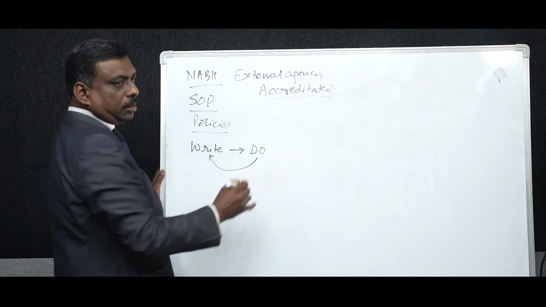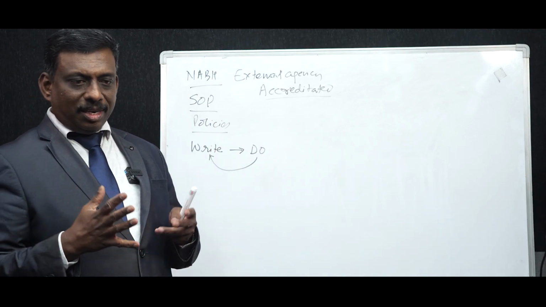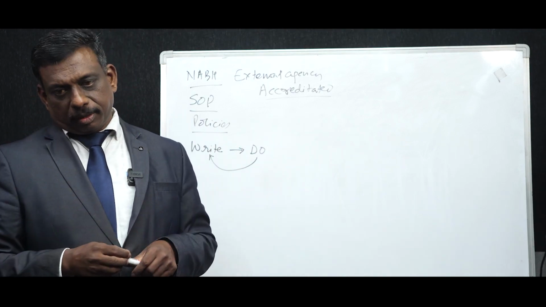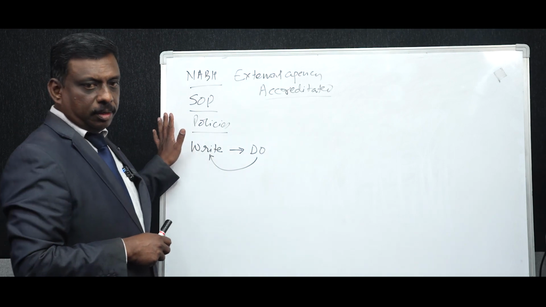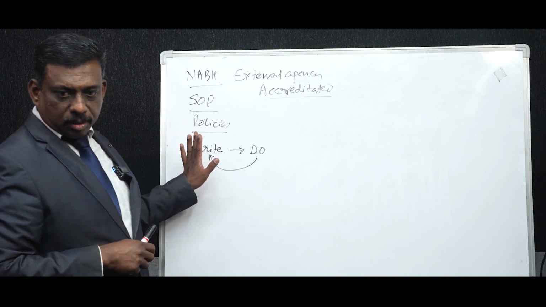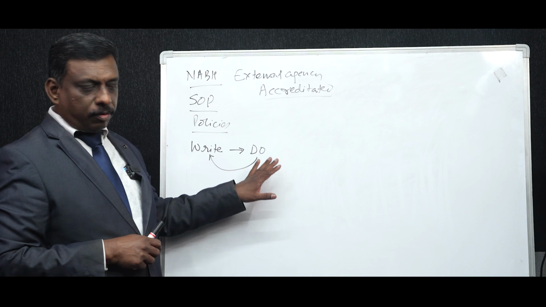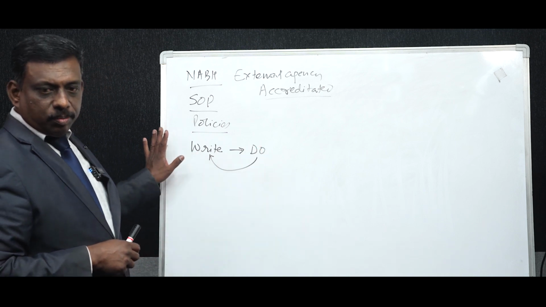That is called accreditation. Accreditation means that somebody from outside comes, inspects us and gives us a certificate. So that is NABH, right? To get that certificate, we have to prepare all these documents and implement them in the hospital, and our staff should be aware of all these programs.